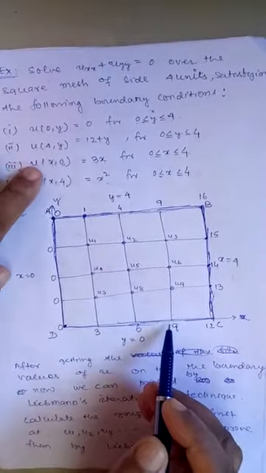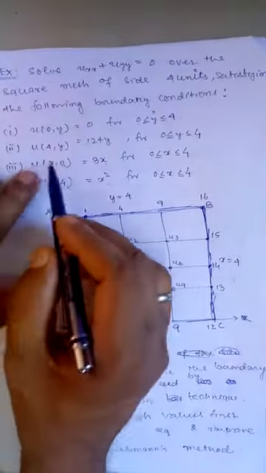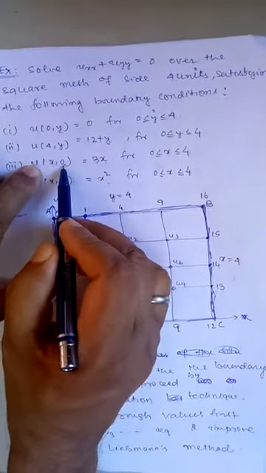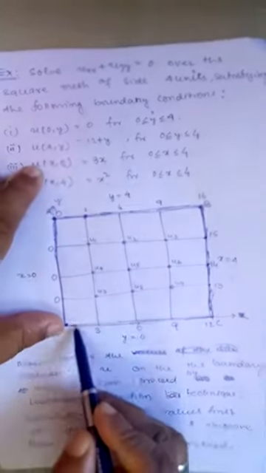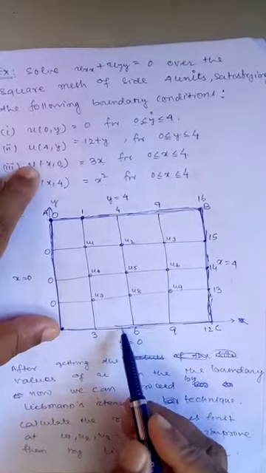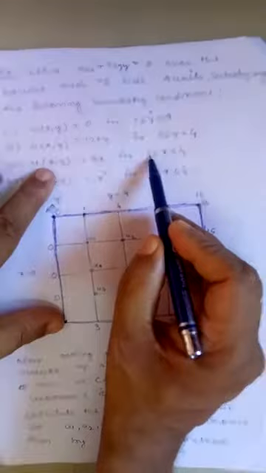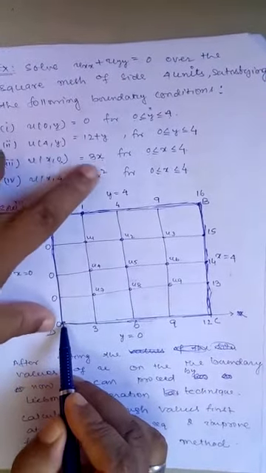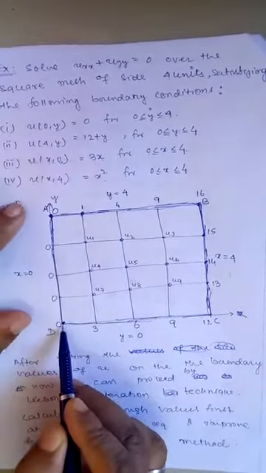Now let us find the boundary values corresponding to y. So u of x comma 0 equal to 3x. If I take y equal to 0, y equal to 0 is this one. Suppose I take x equal to 0. So u of 0 comma 0 is 3 into 0, which is 0.